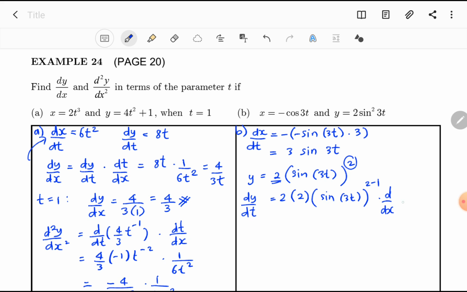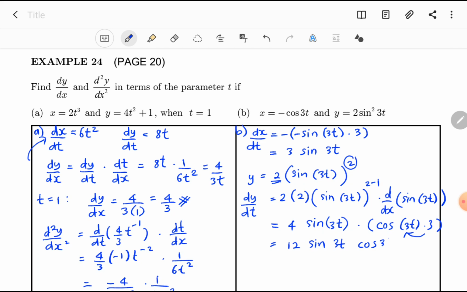Next, we differentiate the trigo function, which is sine 3t. So we have 4 sine 3t times, differentiate sine is cos, cos 3t, the angle, times 3. 3 is from the derivative of the angle. So we have 12 sine 3t cos 3t.